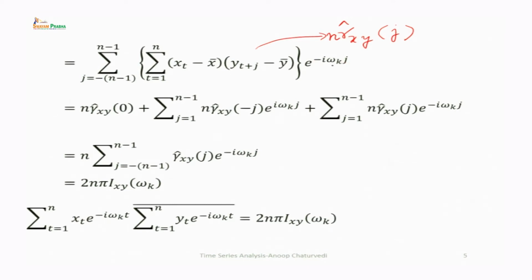So, you get plus sign here, e to the power i omega_k j, plus summation j equal to 1 to n minus 1, n times gamma hat x y j e to the power minus i omega_k j, and then you can write it as n times summation j equal to minus n minus 1 to n minus 1 gamma hat x y j e to the power minus i omega_k j.